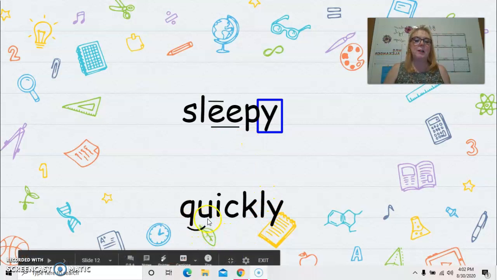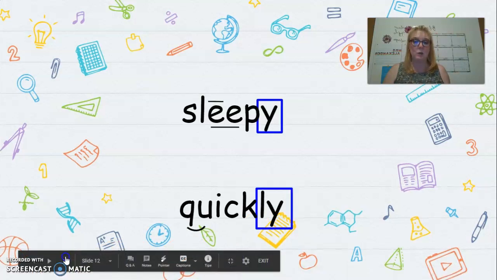Let's look at the next word. Don't get tricked by that QU. They go together, remember? First of all, let's look at the suffix. What is our suffix in this word? LY. All right. We know that we're not going to talk about this U when we figure out what kind of a syllable it is.